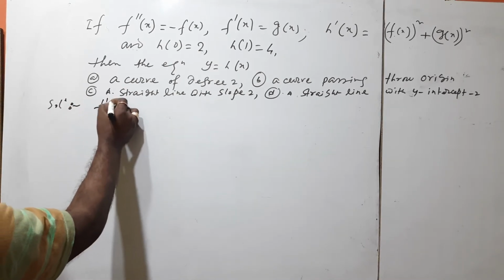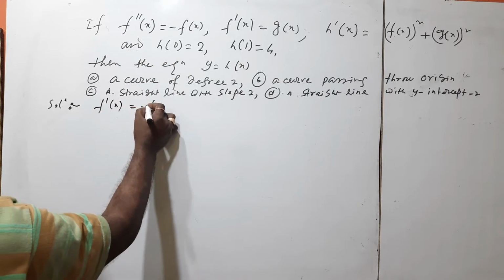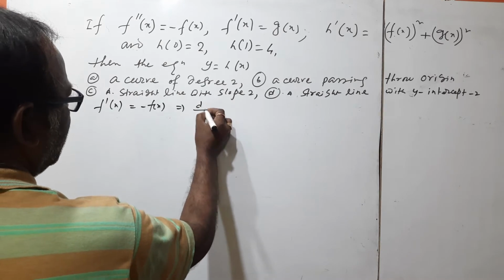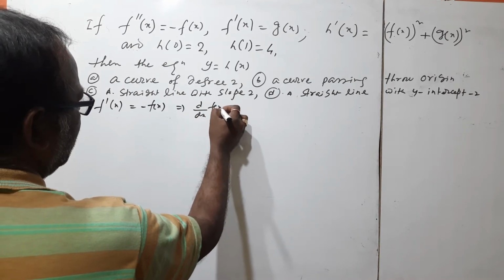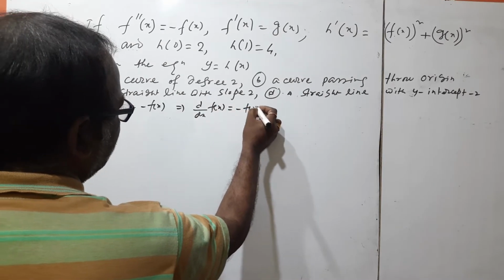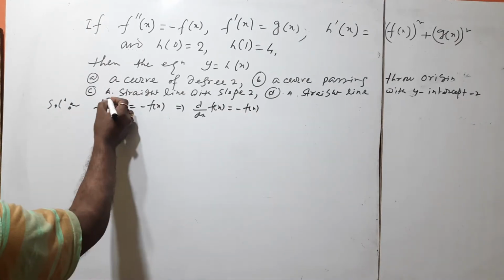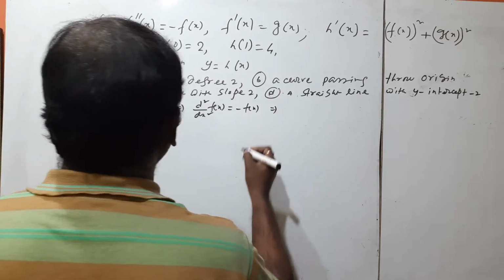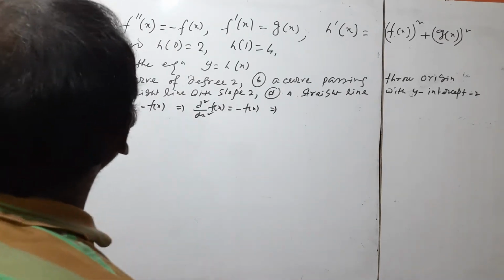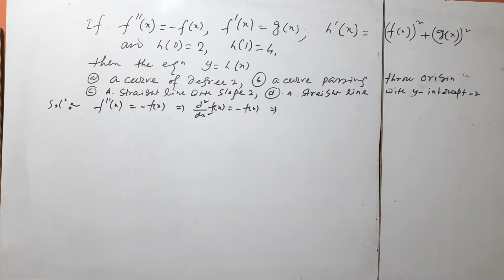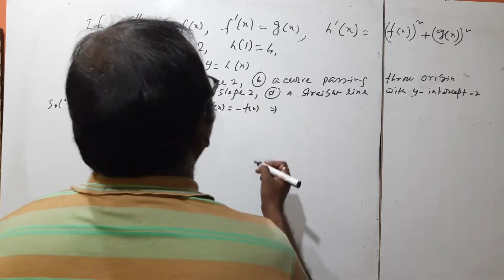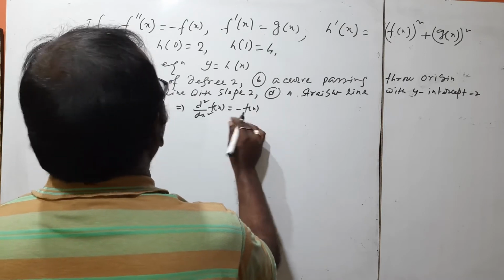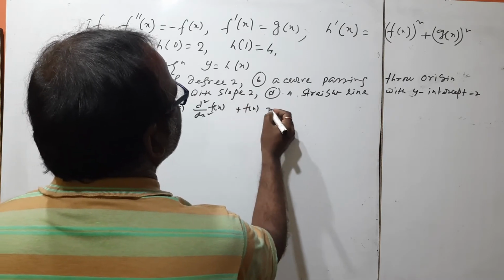This is f double dash x is equal to minus f of x, and this is d/dx of f of x, minus f of x. Okay, this is the double dash. So now see, for this curve, f double dash plus f equal to 0.